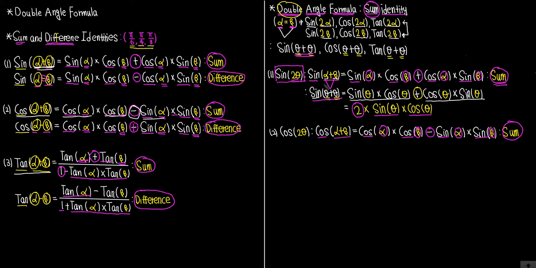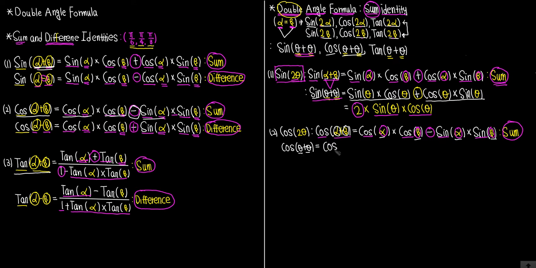And just like we did for sine, we can apply that to find the cosine of 2 theta. That is the same thing as saying cosine of theta plus theta when alpha and beta have the same value. So when we're thinking of the cosine of theta plus theta, which is 2 theta, that is the same thing as saying every alpha and beta will be replaced by theta.